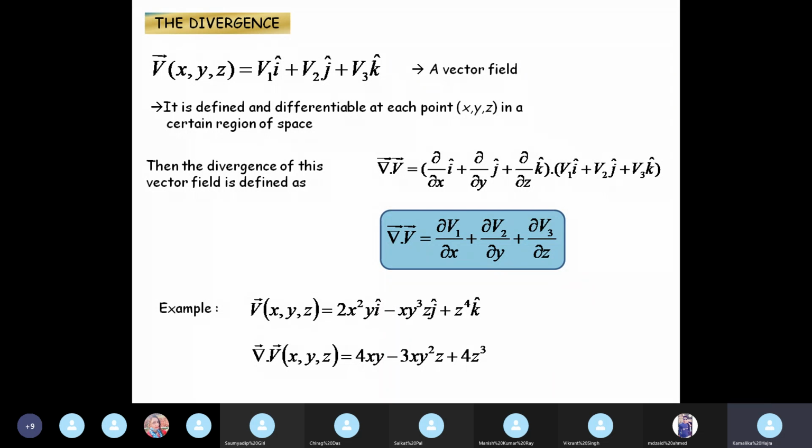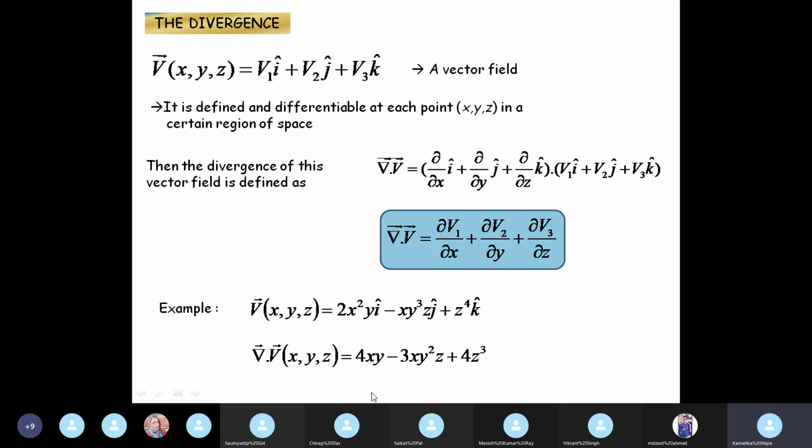Okay, gradient is a vector obtained from a scalar. Divergence is a scalar obtained from a vector. Please, just bore this into your heads. Gradient is a vector obtained from a scalar. Divergence is a scalar obtained from a vector.